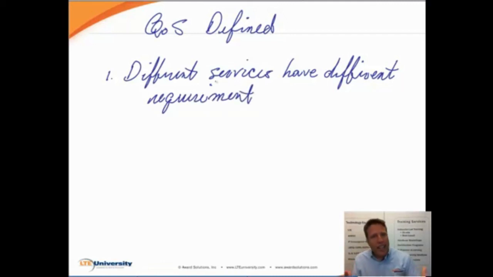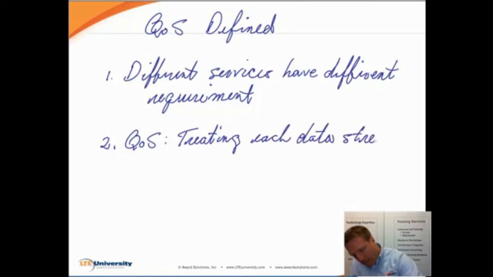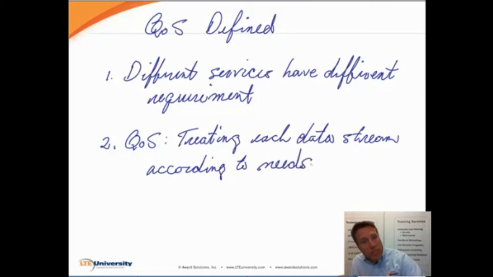So that's the underlying reality behind the need for QoS. And the second thing is that QoS can be described as treating each data stream according to its needs. All right, so in a nutshell, that's what QoS is.